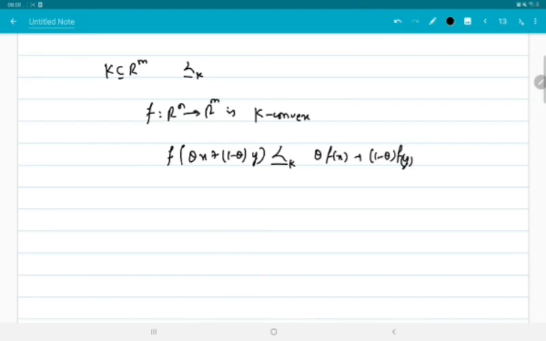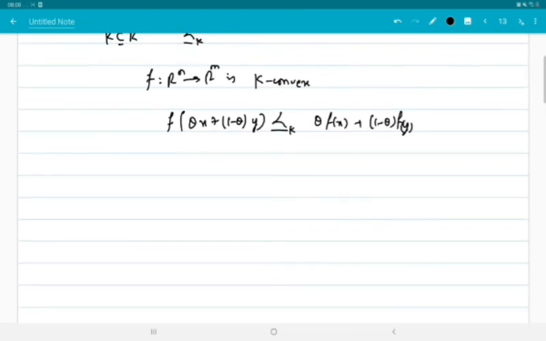If it maps to R, the inequality is just less than or equal to, but if the function maps from Rn to Rm, then the inequality has to be the generalized inequality of the cone.